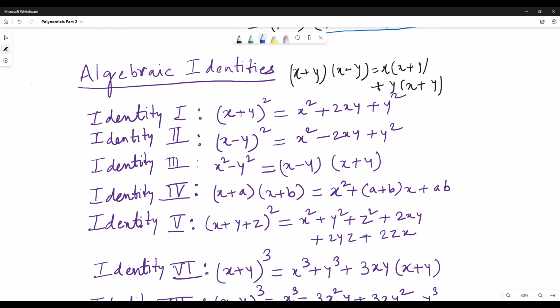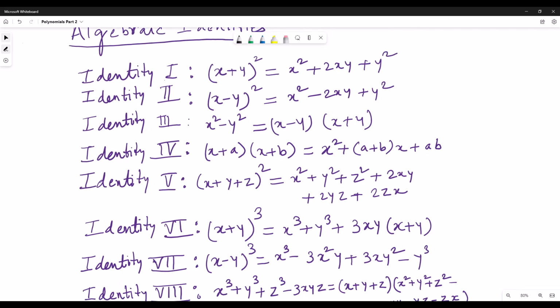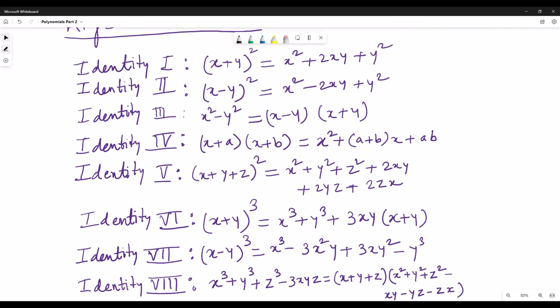Algebraic identities. From earlier classes we know that (x plus y) whole square is x square plus 2xy plus y square, and (x minus y) whole square is x square minus 2xy plus y square.